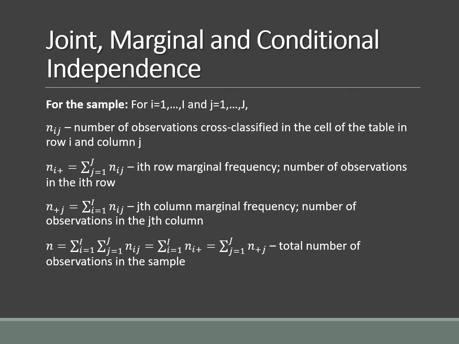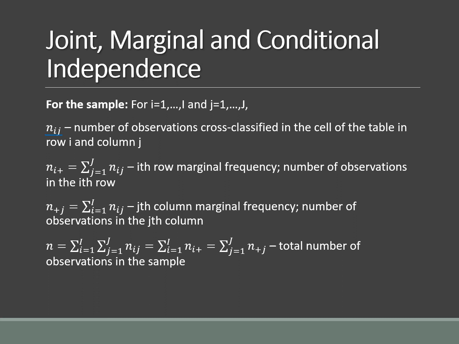After going with the concept for the population side, we will be going with the sample n. So here we have nij. So n here denotes the cardinality, or the number of occurrences in a certain position. So nij would be the number of observations that was inside row i, column j.